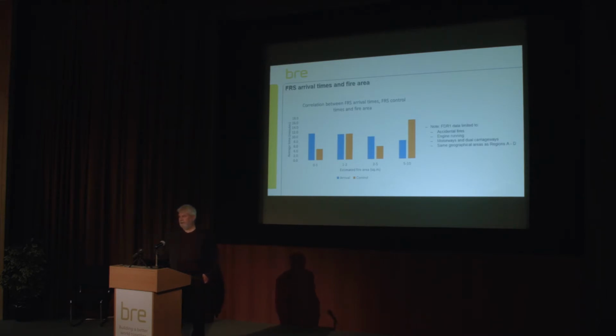It obviously takes some more time to bring it under control. So just in case that this relationship is relevant, for the purposes of estimating the fire size on arrival, what I've done is not treat the two things as independent but as dependent variables. So the fire size governs the arrival time.